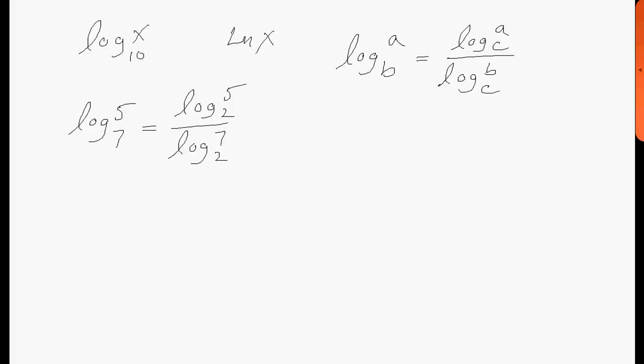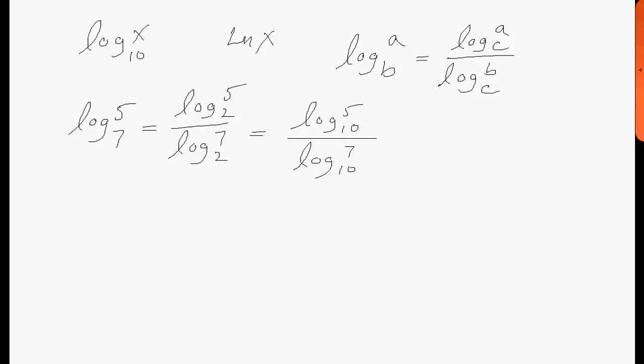But you see that this one does not solve our problem because the calculator does not give us the logarithm of base 2 as well. But you can also say this equals the logarithm of 5 base 10 over the logarithm of 7 base 10. Now you can use your calculator to find the logarithm of 5 base 10 and divide that by the logarithm of 7 base 10.